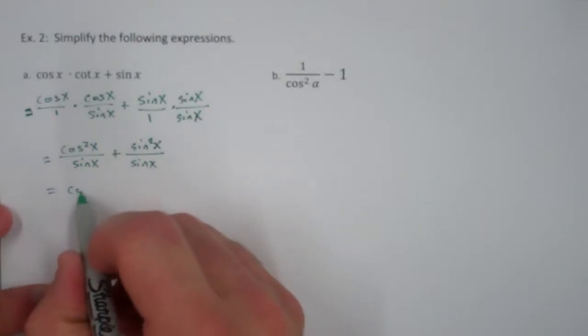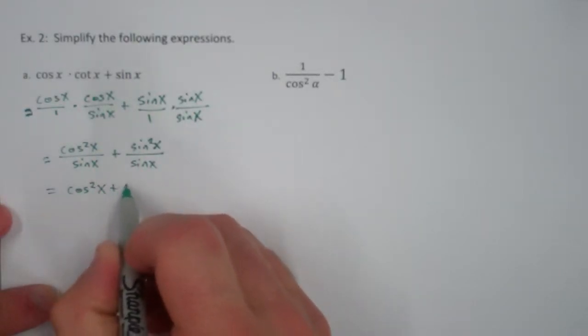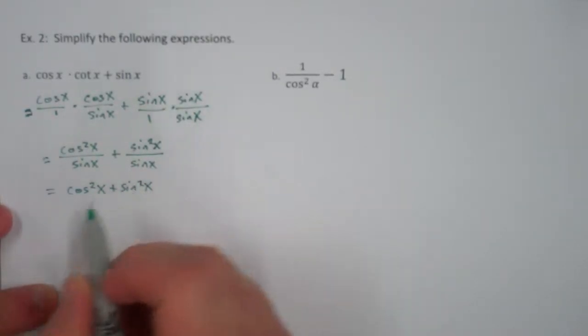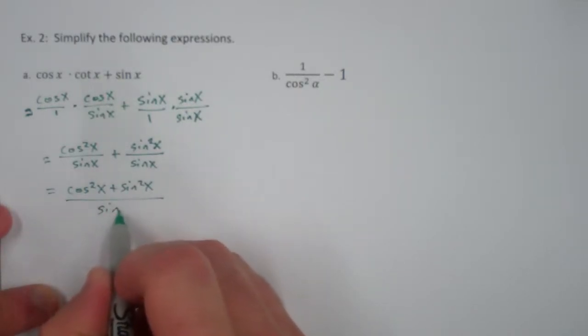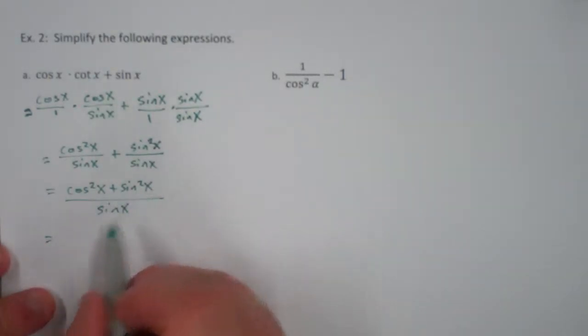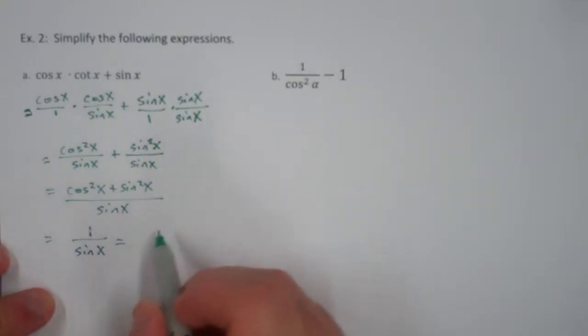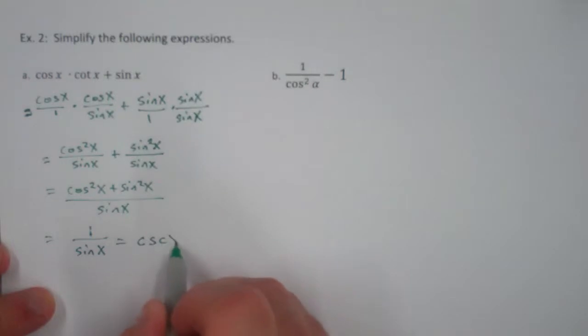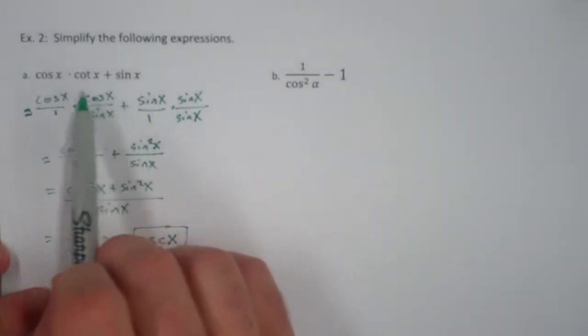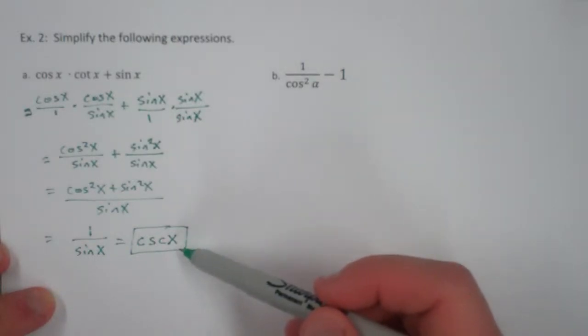Now we can add these two fractions together. So we've got the cosine squared plus the sine squared. Cosine squared plus sine squared is 1. So we have 1 over the sine of x, and that is the cosecant of x. So this whole mess up here just simplifies down to the cosecant of x.